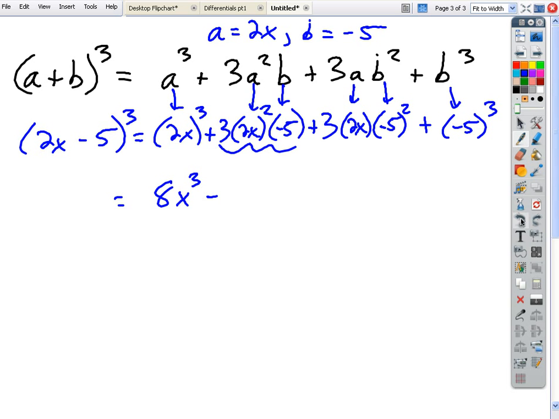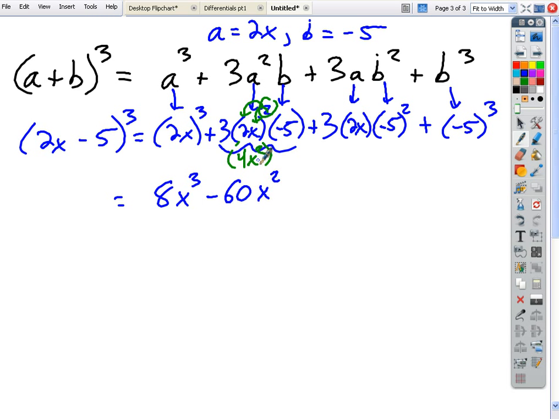The 2 has to get distributed to both the 2 and the x. So when I square them both, it's going to be a 4x squared, right? Because we had to square it out. So now what? 60x squared. Oh, okay, good. So 3 times 4 is 12 times negative 5 is negative 60, and then there's an x squared.